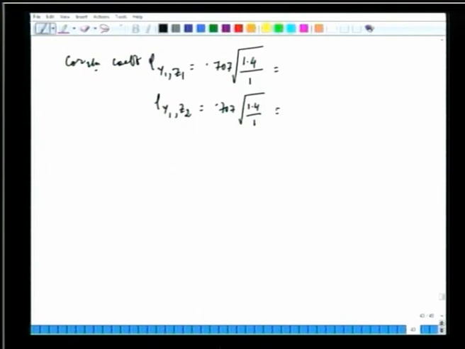The interesting thing to see here is that for y1 to z1 and y1 to z2, the degree of association is the same, because I have the same value coming here, because E11 is equal to E12, and I have the same eta value coming here, and z, now coming from the correlation matrix, have equal variances, which is equal to 1. Okay. So that is precisely equal, rho of y1 z1 is equal to rho of y1 and z2.